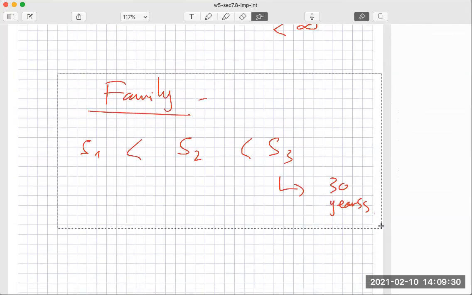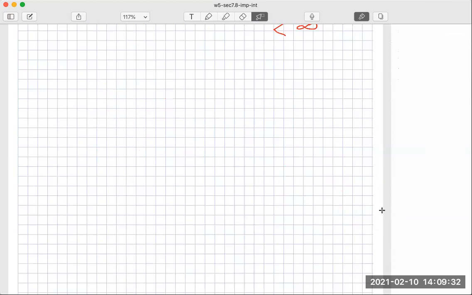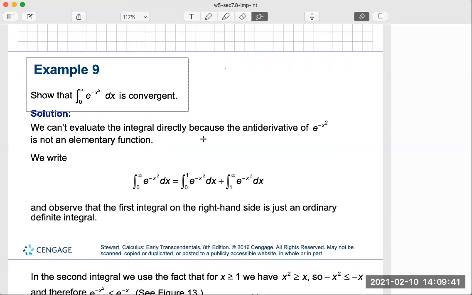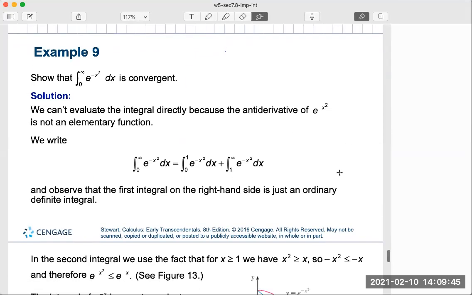So, not complicated. So let us show this. Okay. Let us follow this solution. You can take a look at the notes or here.